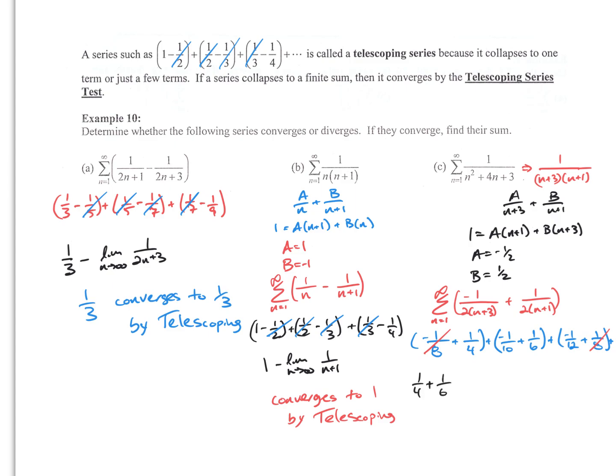1/6. And then I'm going to subtract out my limit as n approaches infinity of the term that isn't canceling for us. It's this first one, right? So now I'd end up with 1 over 2 times n plus 3. And what does that go to?